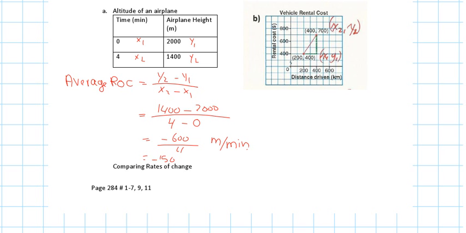So what does that mean? What's happening to the airplane? Going down. It's going down 150 meter per minute. Right? That's what negative means. Negative means you're going down.